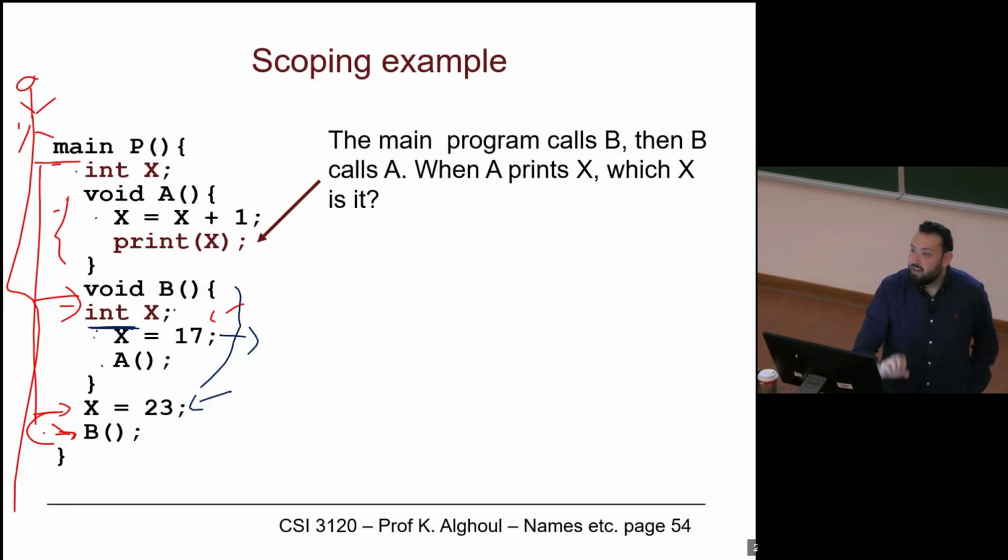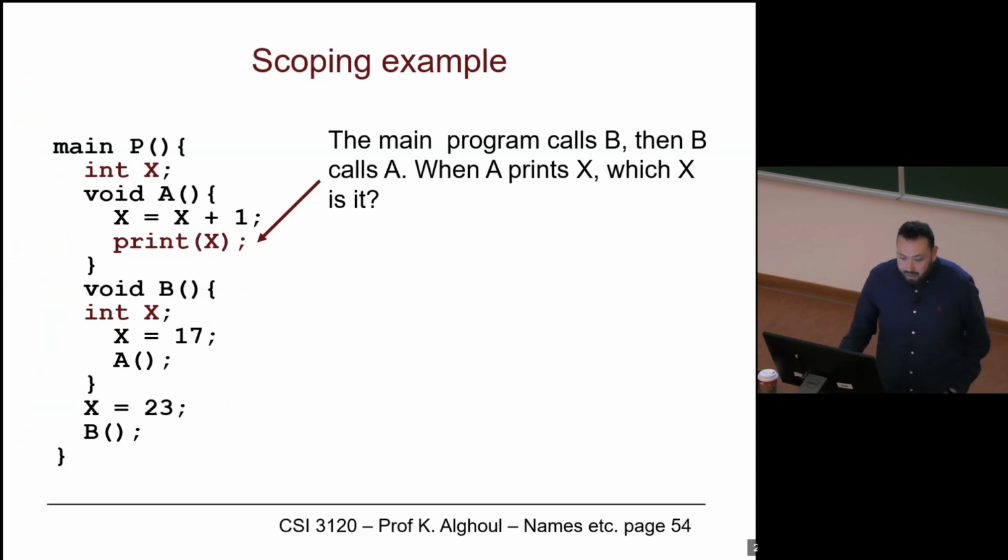Any other answers? No. Okay, so look what will happen. Guys, am I passing X here? I'm not passing X. If I were passing X, then when I go here and I have X here, where is this X coming from?